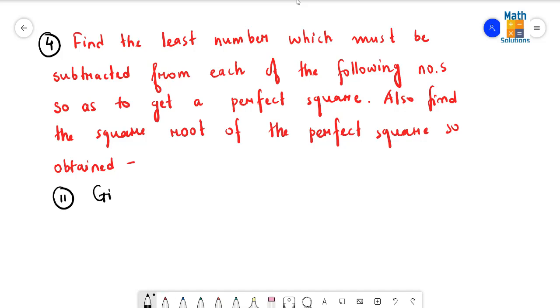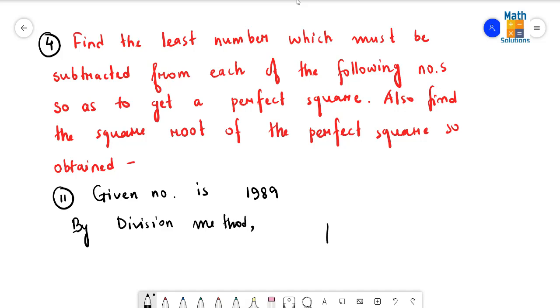The given number is 1989. So in this case we shall proceed with the division method only. By division method, let us check what result comes here.